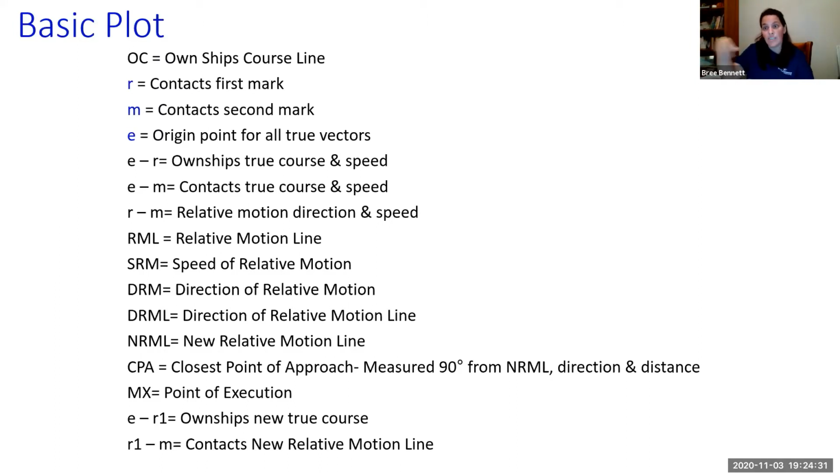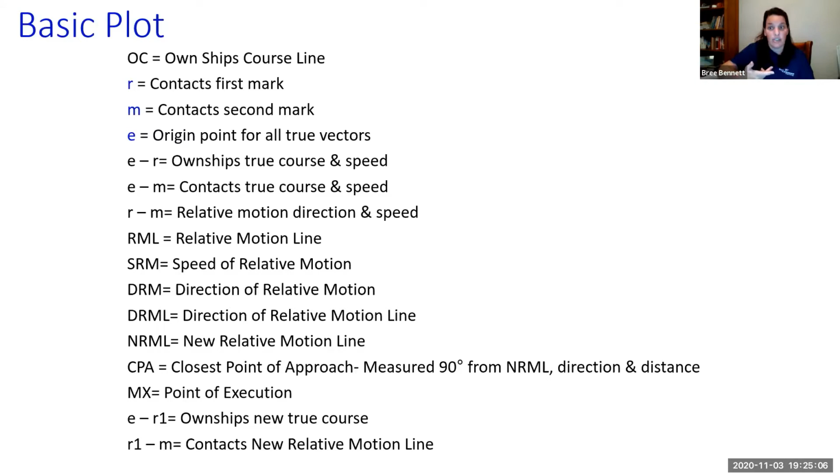You don't have to actually change course until whenever the captain wants to, whatever is safe, and it's going to be given to us in our problems. You don't have to avoid him 10 miles out. You can have a point of execution when that vessel is so far, that's when we're going to bend our relative motion line and alter course, or speed.